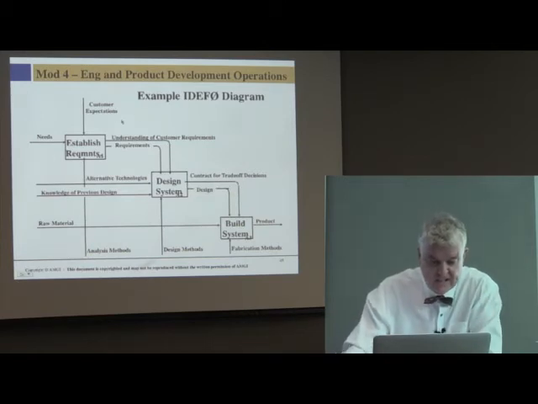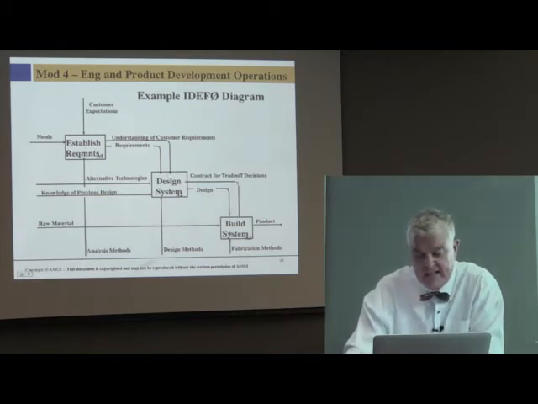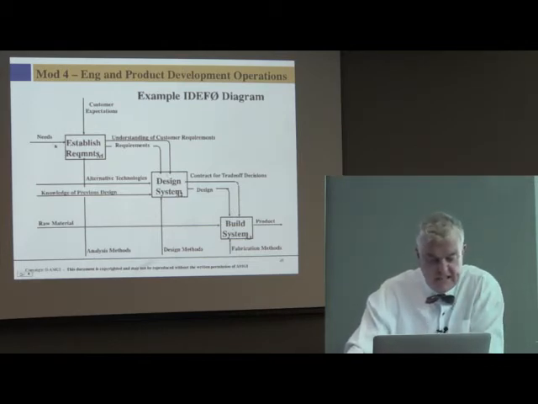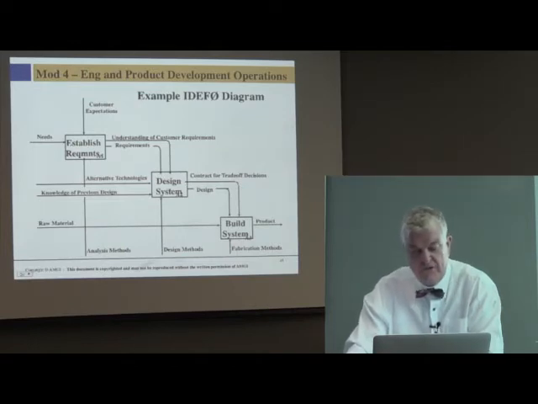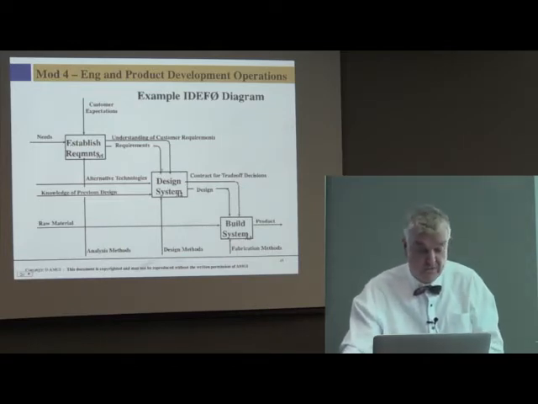So in this case, it's establishing customer requirements, then designing the system. This is a big look at it, and then building the system. So here's the needs from the customer expectations. The output is understanding the customer requirements. The input to this next process, designing the system, is those customer requirements.